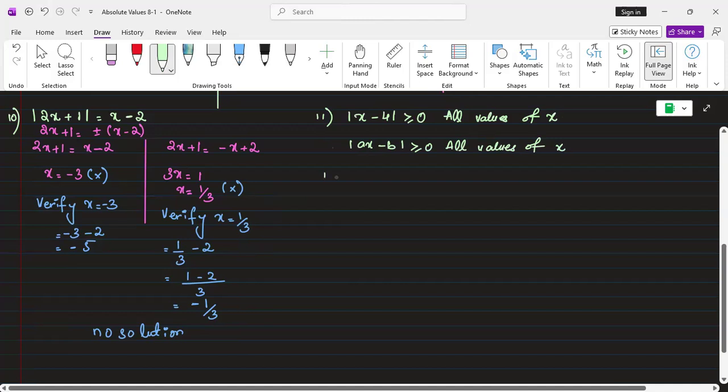Now, the second condition, if the question would have been x minus 4, the modulus is greater than 0.